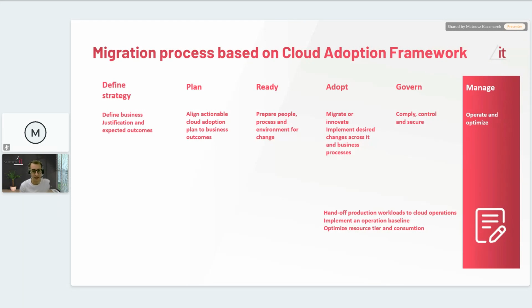Maybe we can take advantage of newer services that might deliver better performance for us at a lower cost. So continuous optimization not only helps us save money, but also ensures that we are getting the best possible performance from our cloud environment.